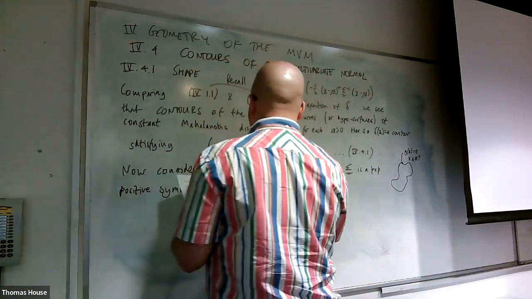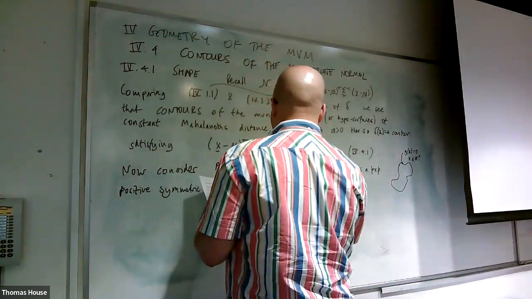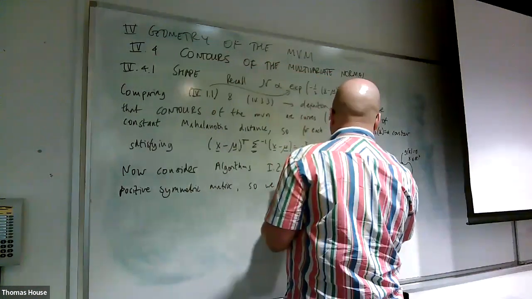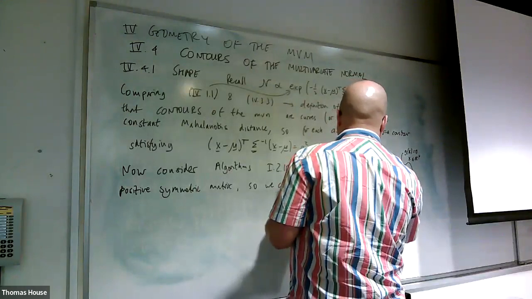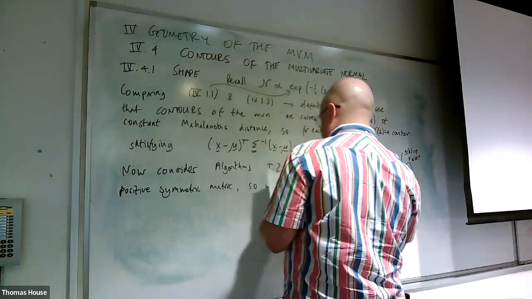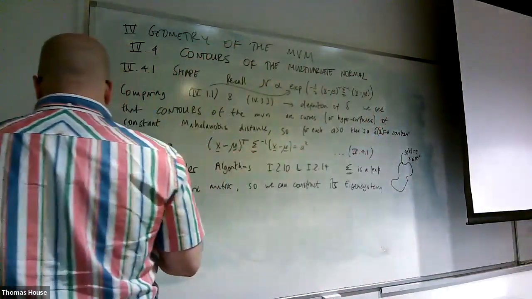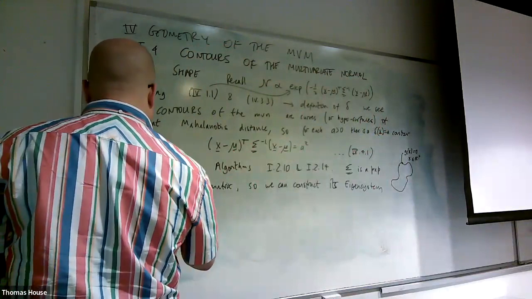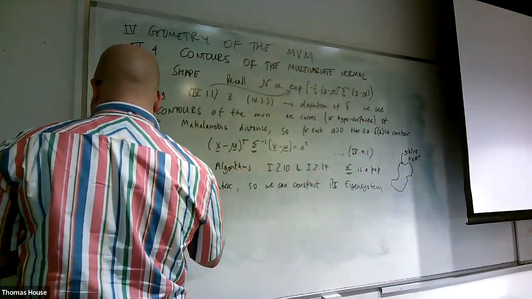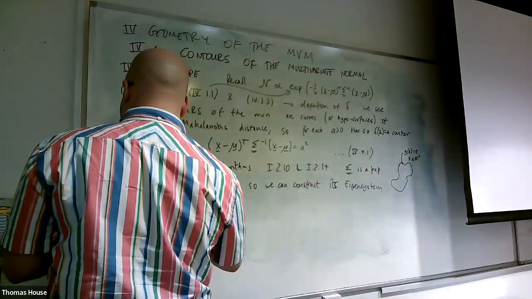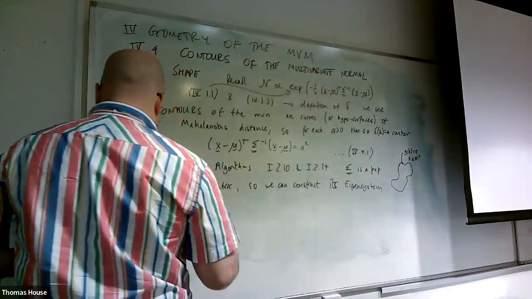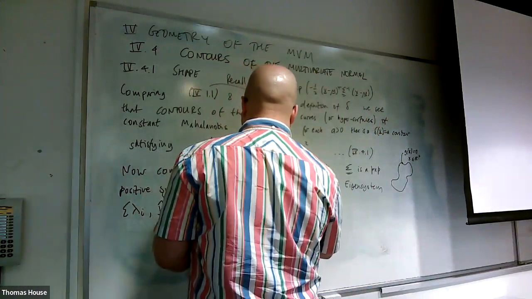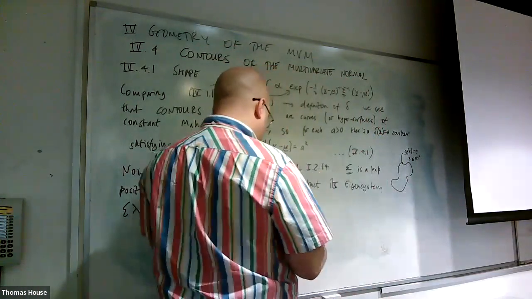So we can construct its eigensystem. That's a set of lambdas, maybe with a hat, for i up to p, with all the normal eigenvectors.